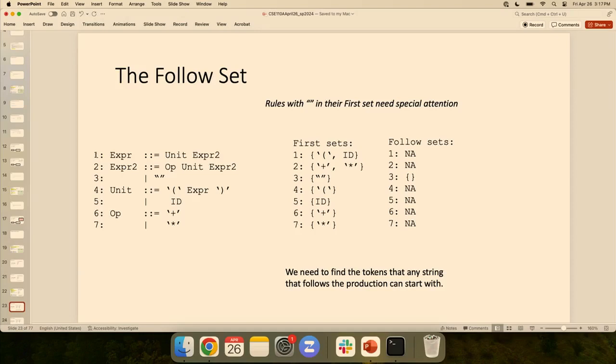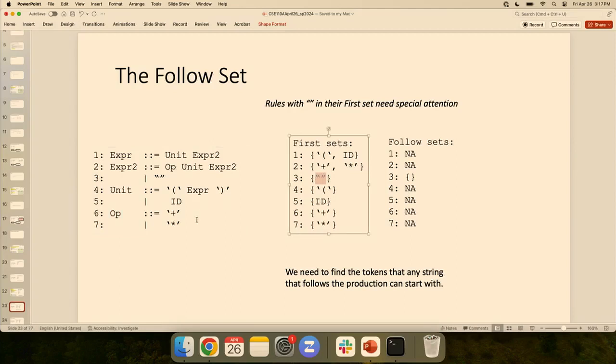The follow set is the terminals that can come after you are done matching your non-terminal. Technically the follow set is defined for every non-terminal. We just put an NA here because you only really need it when it is the empty string.